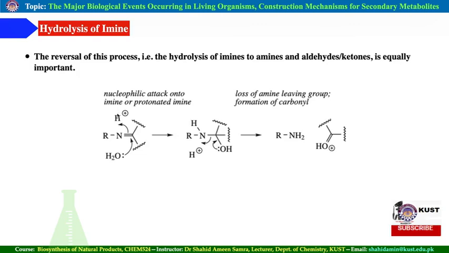This reaction could be shown very easily this way: the oxygen of water, containing lone pairs of electrons, will attack this carbon that is partially positive, and this electron pair will be shifted towards nitrogen, and one proton will be accepted. The result ultimately will be an amine and a protonated form of the carbonyl compound that later on can lose a proton in order to be converted to the original ketone or aldehyde.